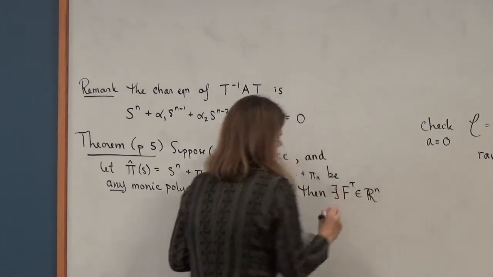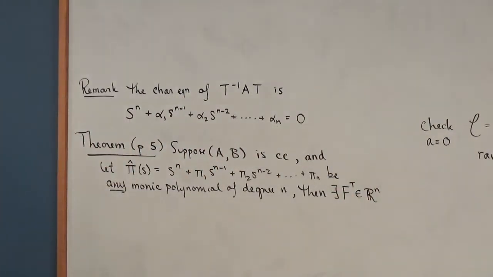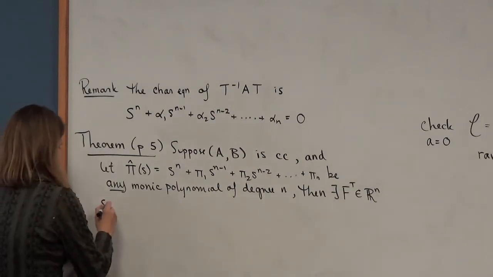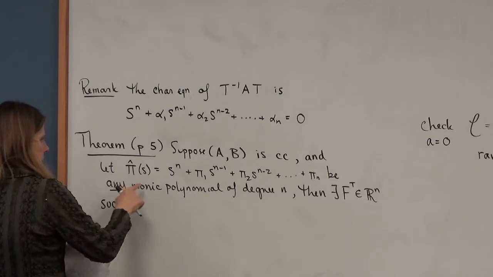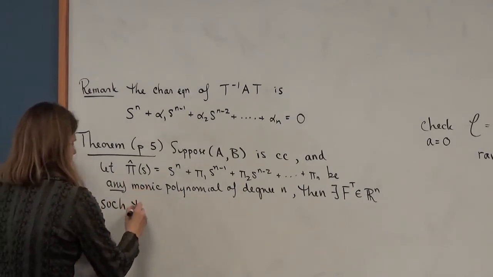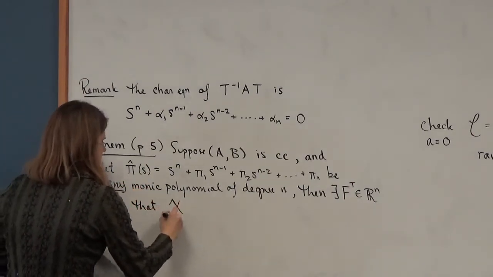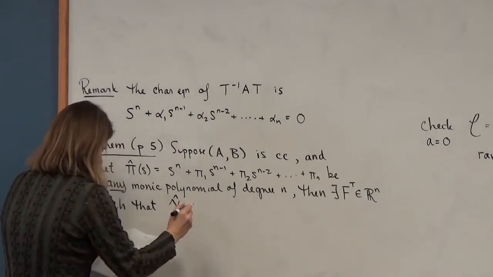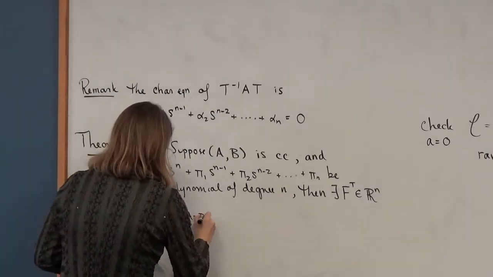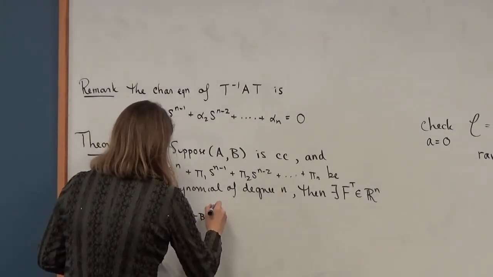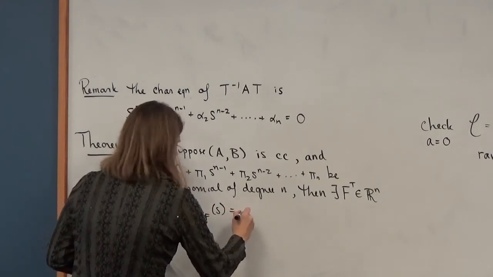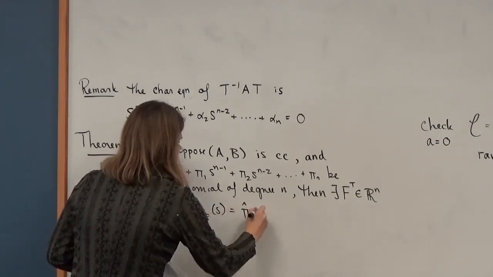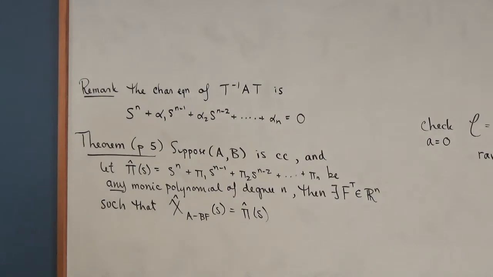It's a single input system, so it's just a 1 by n dimensional matrix. So F transpose is in Rn, such that the characteristic polynomial of A minus BF is equal to that any monic polynomial you can choose.